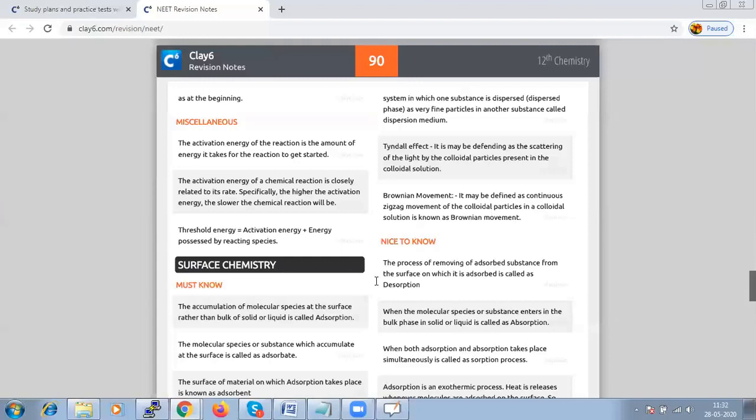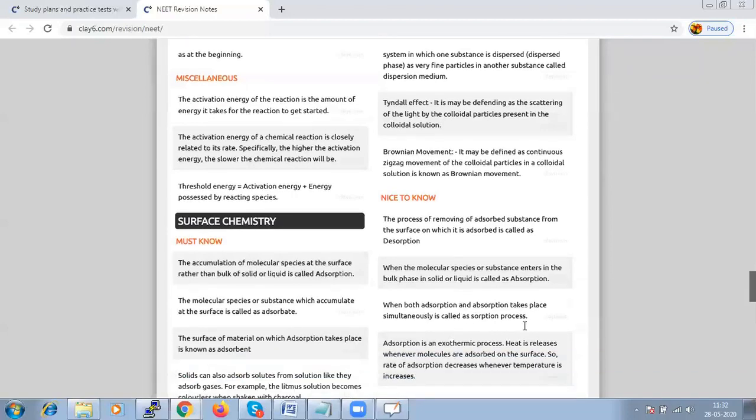And when we learn a few definitions, desorption is nothing but the process of removing the adsorbed substance from the surface on which it is adsorbed. When the molecular species of a substance enters the bulk phase of a solid or liquid, we call it absorption.